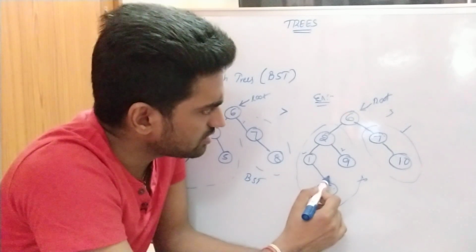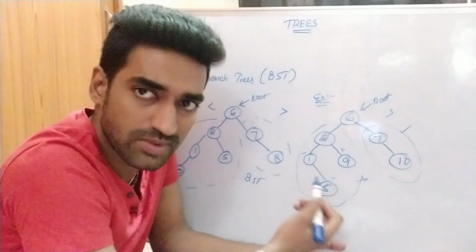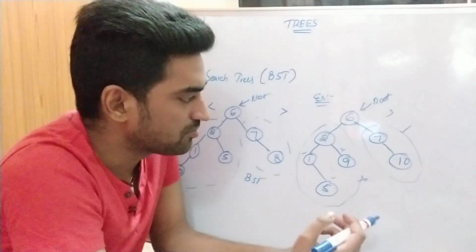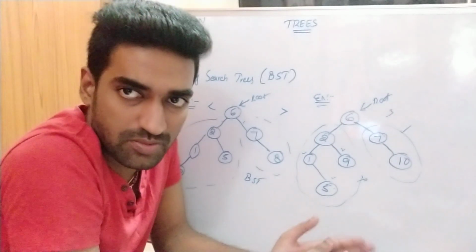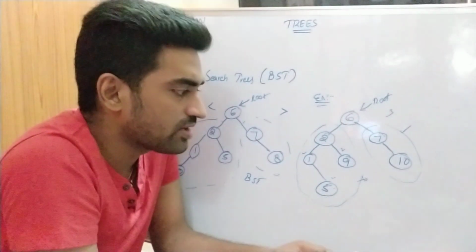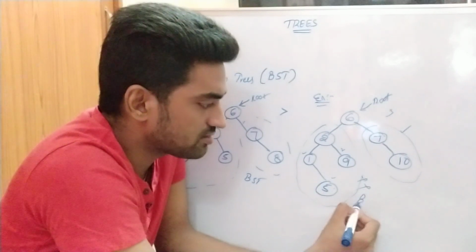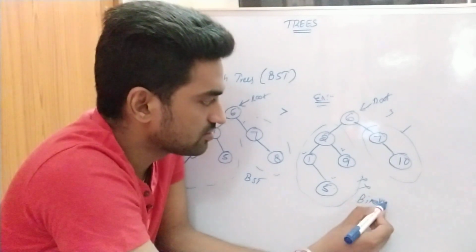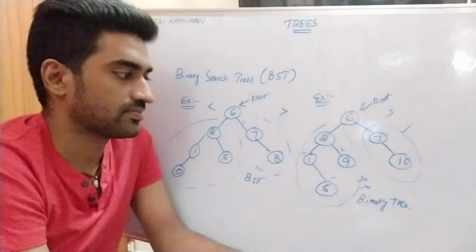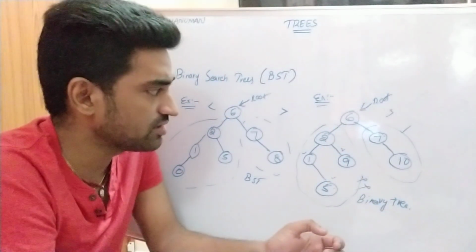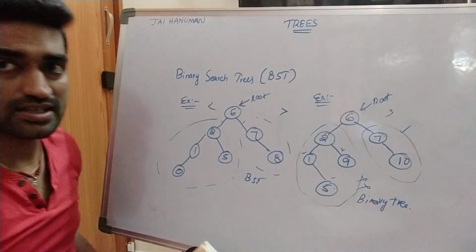So this subtree satisfies the binary search tree property, but this subtree does not satisfy the binary search tree property. That's why we can say that this is not a binary search tree, but this is a binary tree, right? So these are the examples related to binary search trees, right?